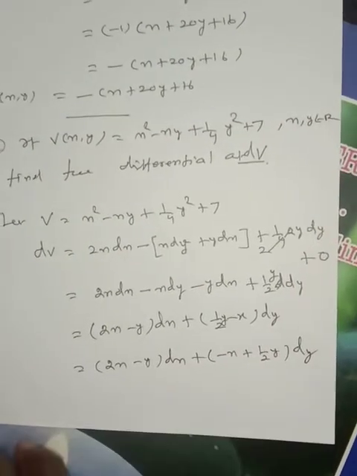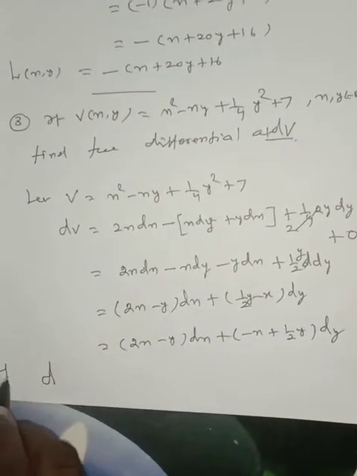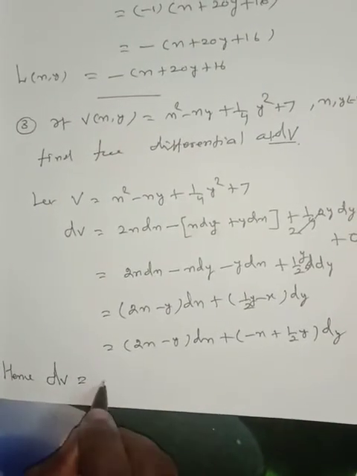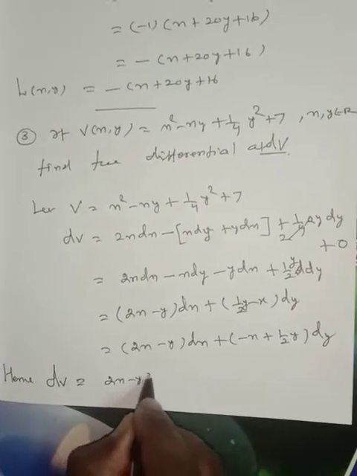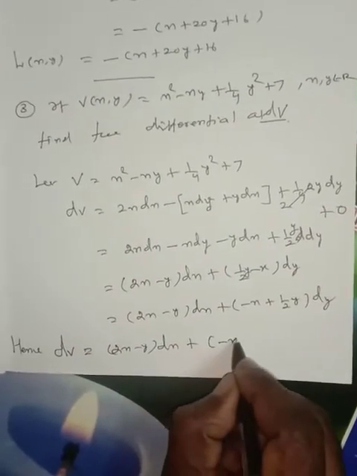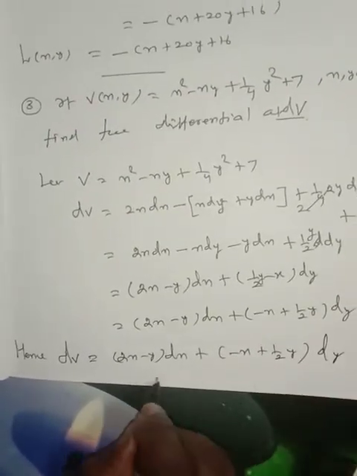Hence the differential is dv = (2x − y) dx + ((1/2)y − x) dy.